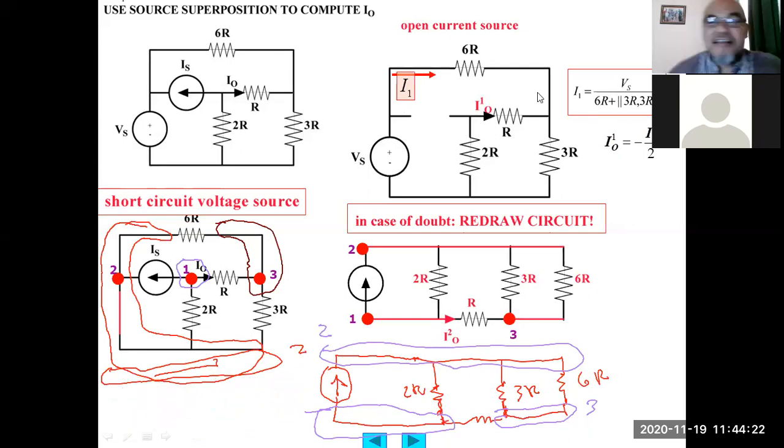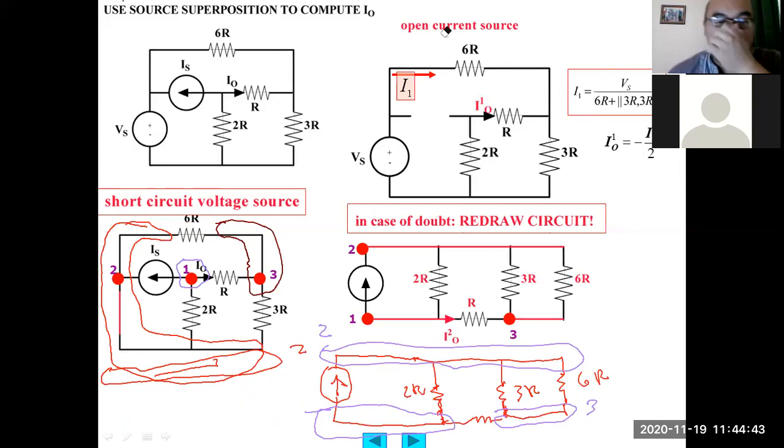Any more questions? Nikki, maybe you still have not understood. I think it's better to do many exercises with given problems and practice how to redraw the circuit.